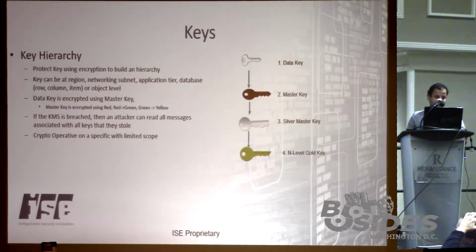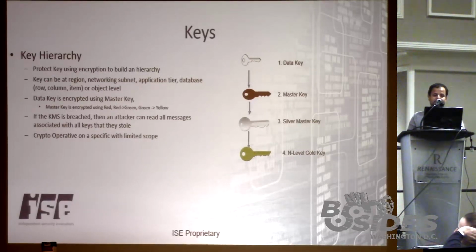and a silver master key could be encrypted with an N-level gold key. The idea here is that key managers are used to protect data at object level, possibly at region, depending on how your environment is set up or how your workflow works. You can encrypt and protect data at region, networking subnet, application tier, database. Even within a database, you can protect data at a row, column, or even item level.